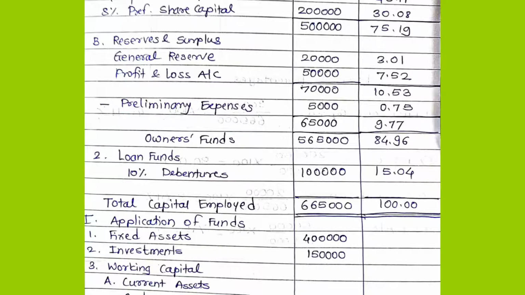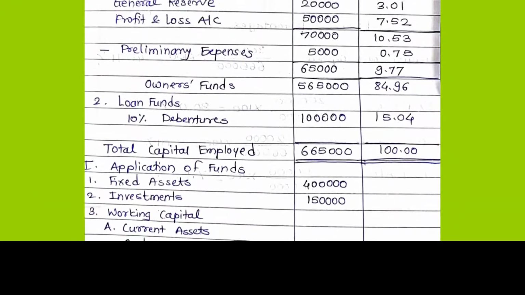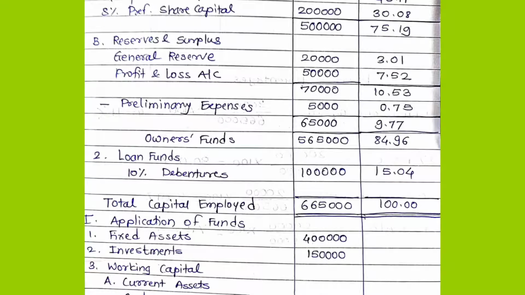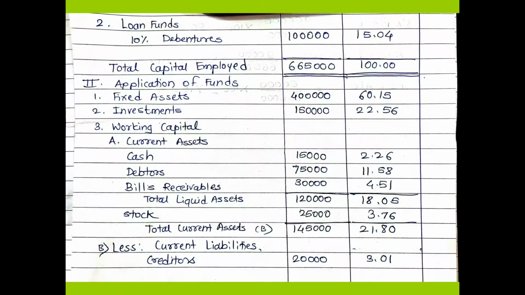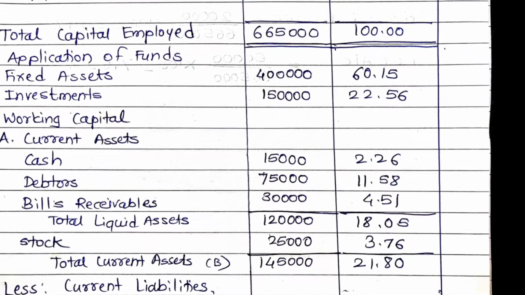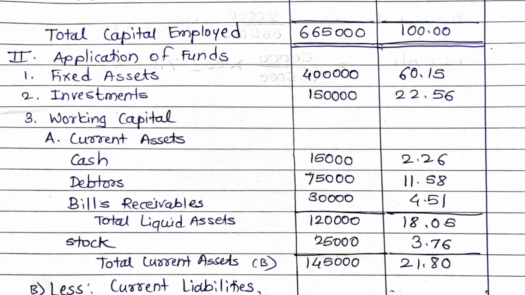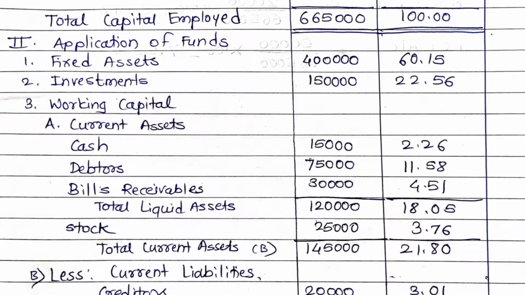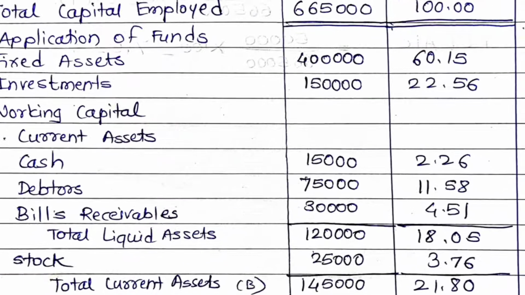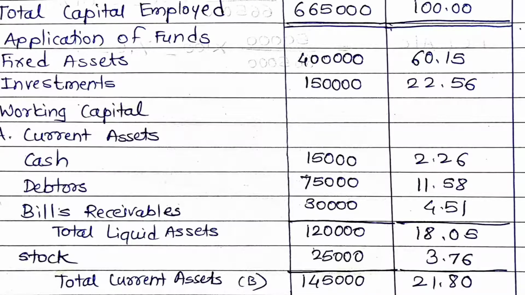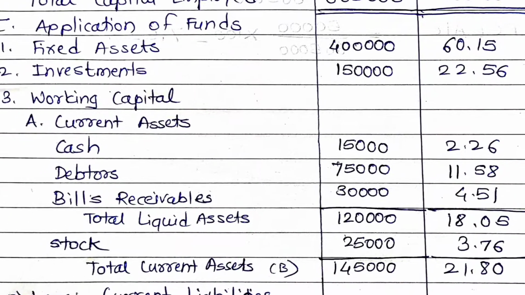Then further we have to calculate the application of funds, all the items of assets into 100. So fixed assets are calculated at 60.15% of the total capital employed. Investments 1,50,000 should be divided by this total capital employed, then we will get the percentage of 22.56%.